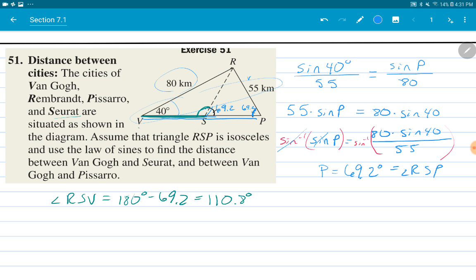Okay, so let's find that blue distance first. So that's that big triangle. We still don't know R, so we still can't find that. Actually, we do know R, I'm sorry.